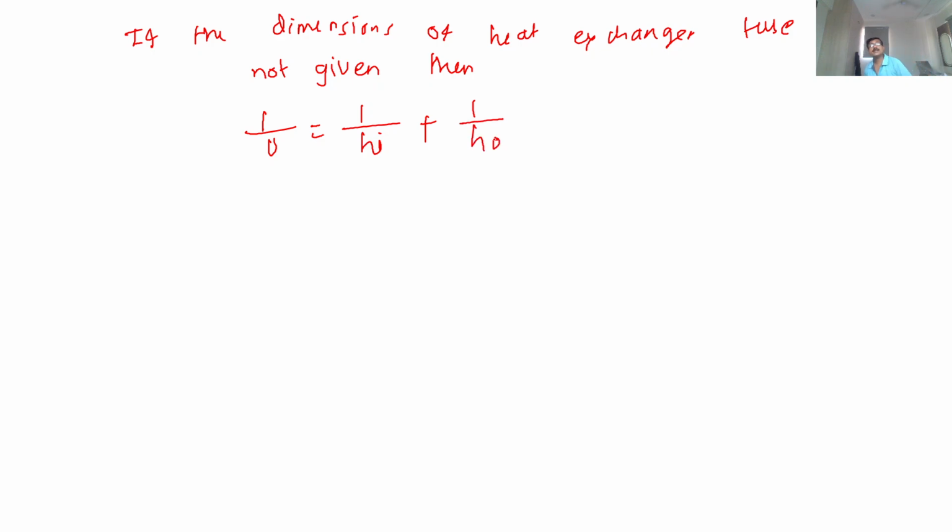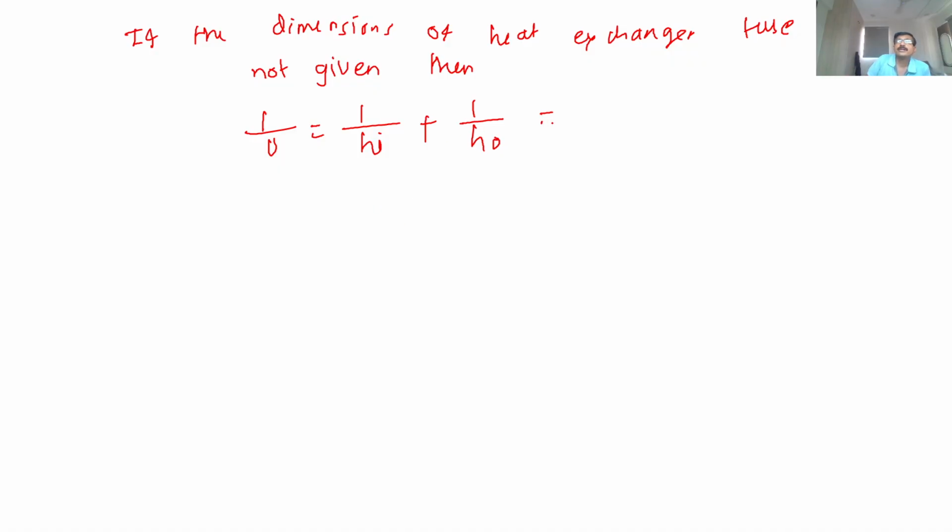Now what is HI? Heat transfer coefficient on inner side. And what is HO? Heat transfer coefficient on outside of the tube. HI means inside the tube, on inner surface of the tube, and HO means from outside the tube.